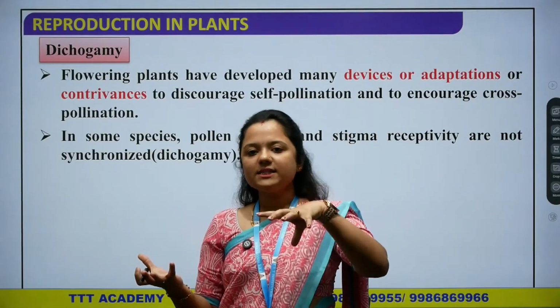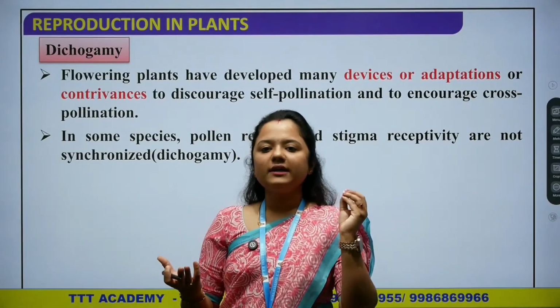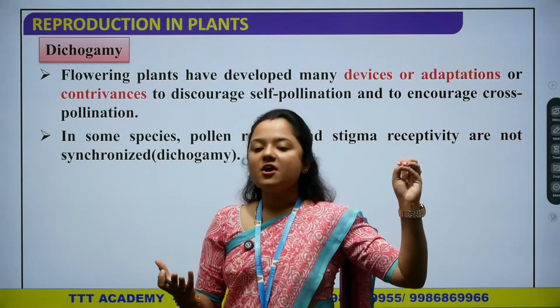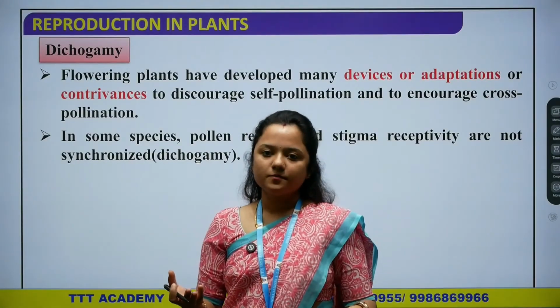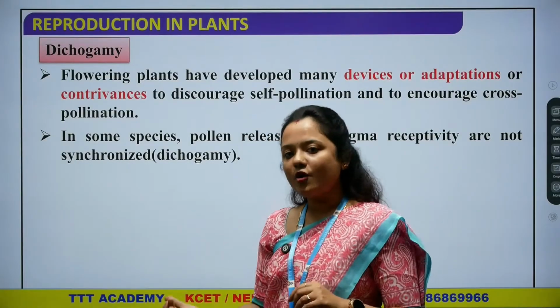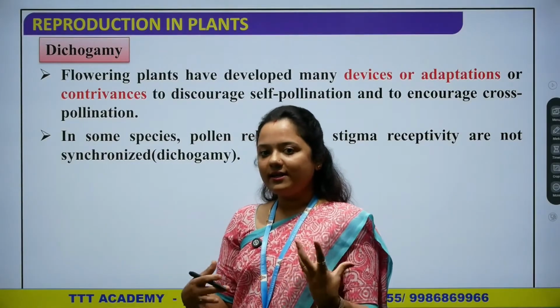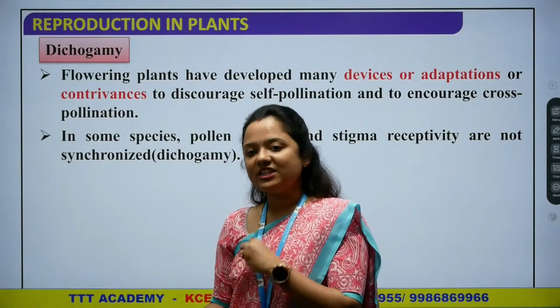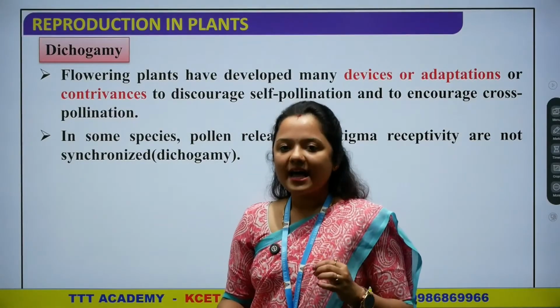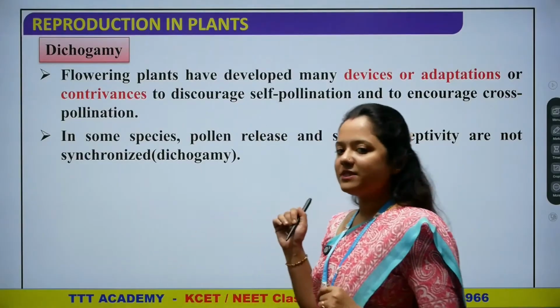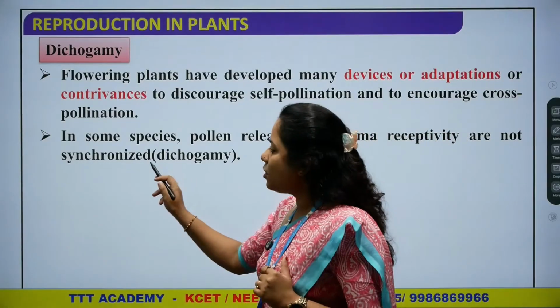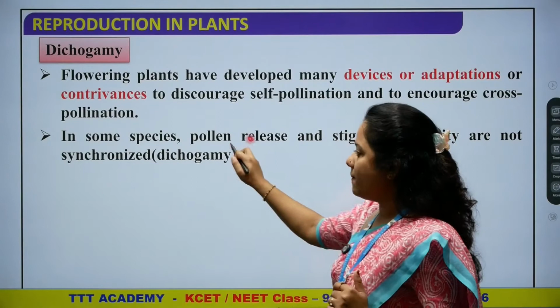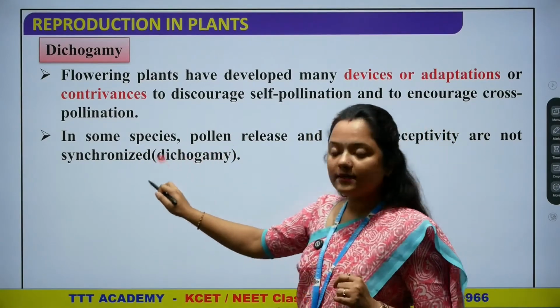So these female gametes are not ready to receive the pollen grains from the same plant. That kind of outbreeding device or modification taken by specific plants is called dichogamy.